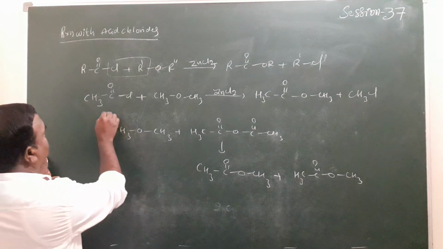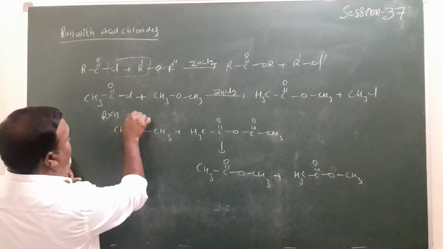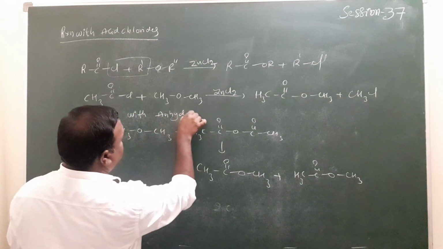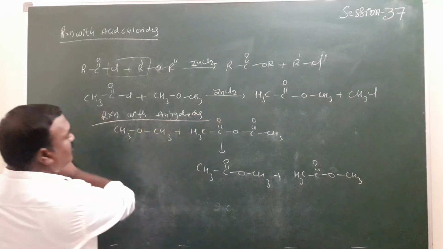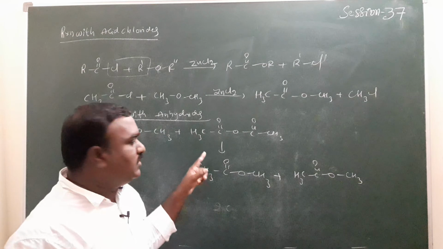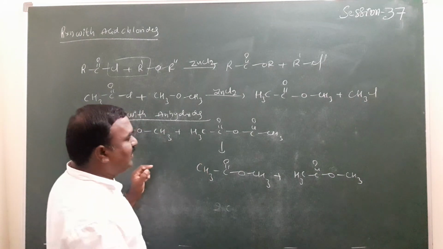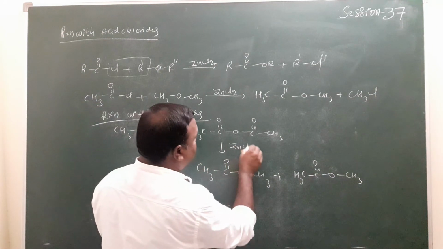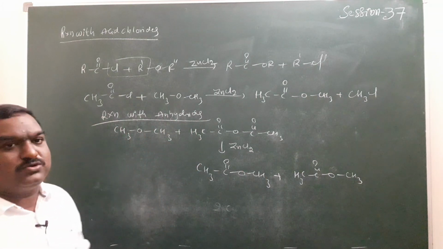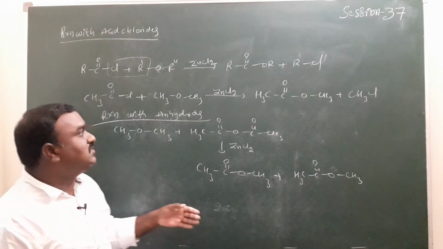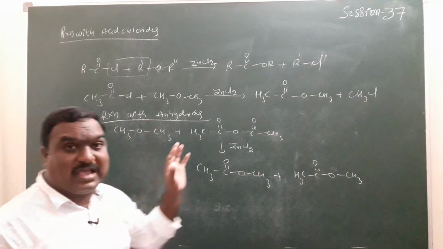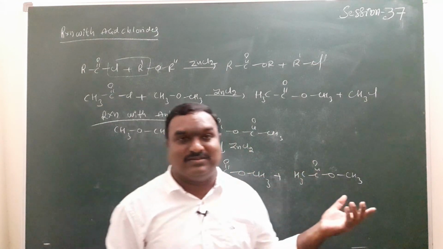Reaction with acid anhydrides. When ether is heated with anhydride in the presence of ZnCl2, it forms 2 moles of ester. This is the way to write the product whenever ether reacts with acid chlorides or anhydrides.